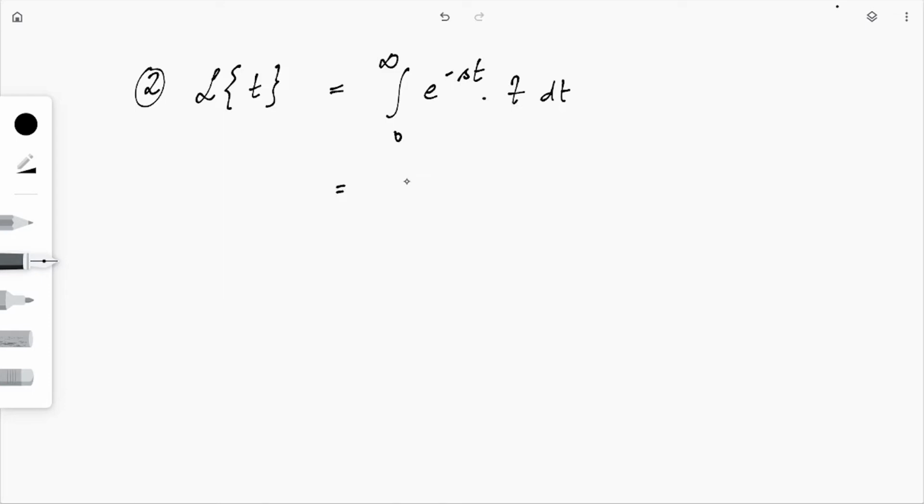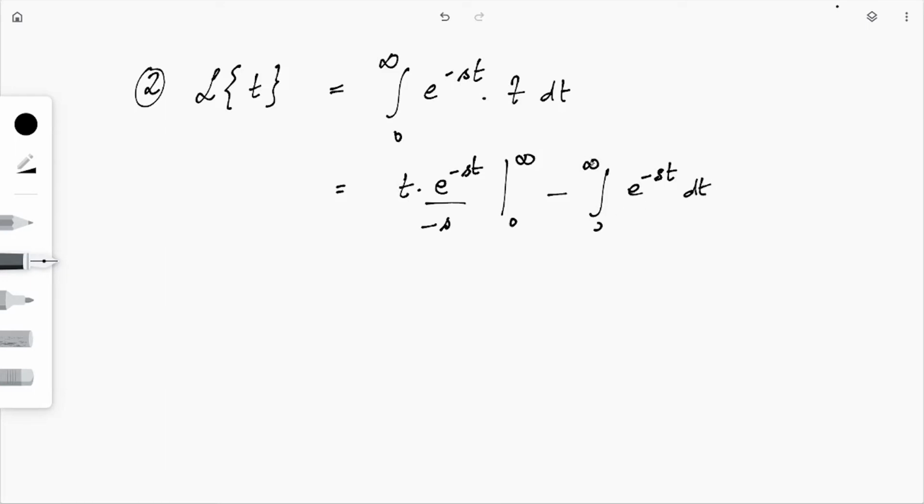So that will be t into the integral of the second function, that is e raised to minus st by minus s, varying from 0 to infinity, minus the derivative of the first function, that is d by dt of t, that is 1, into the integral of again e raised to minus st into dt.